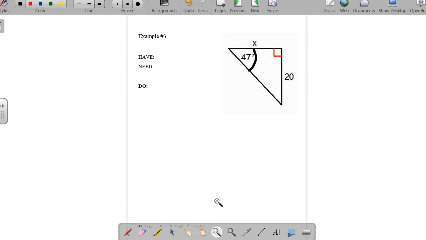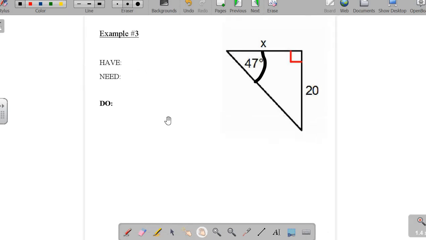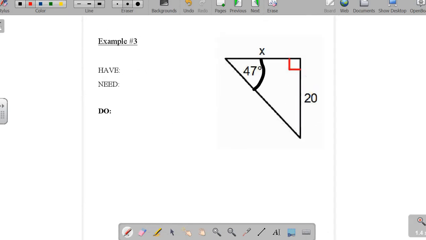From that theta, we're going to label our opposite, our adjacent, and our hypo. So here we have the opposite. We want the adjacent.